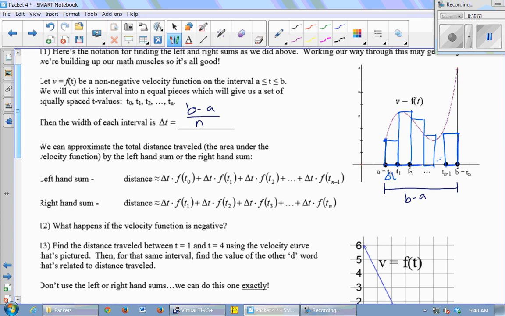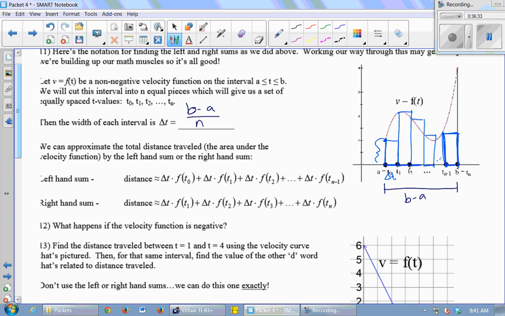Right, so delta t is my time interval, and each height is a rate or a velocity. So I'm multiplying delta t times a velocity, time times rate. And f of t0 is the left endpoint of the first interval. f of t1 is the height at the left endpoint of the second interval, etc. And then the last rectangle, its height is determined by the last point before b. So we call that t sub n minus 1, the last point before t sub n.